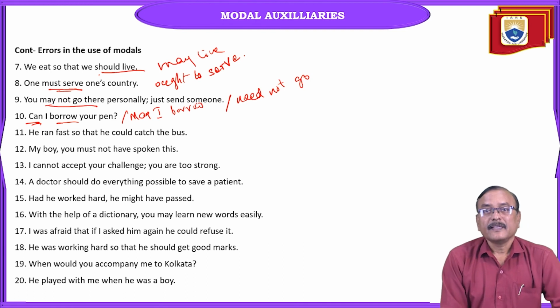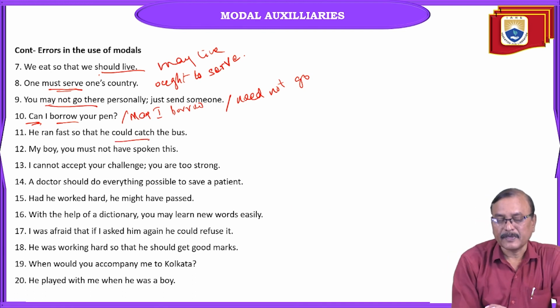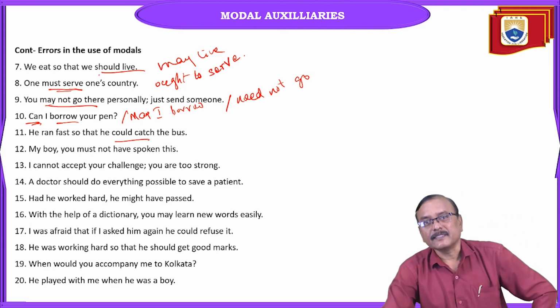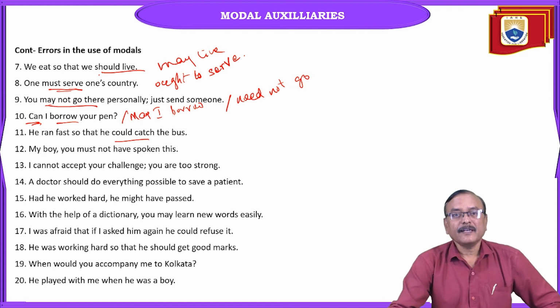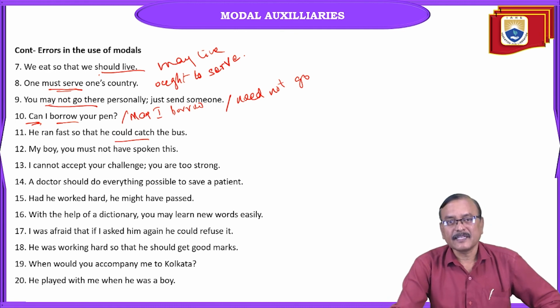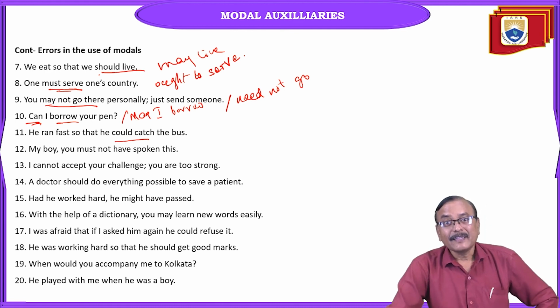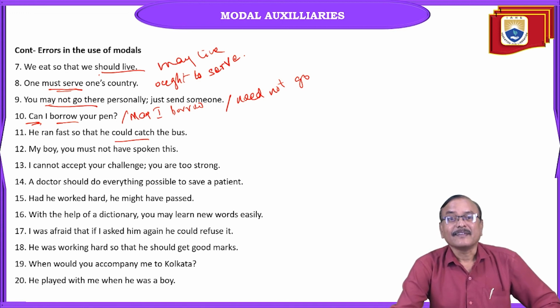Okay. He ran fast so that he could catch the bus. When he ran fast here, there is a possibility or a probability that he could catch the bus. Is it clear? But even after running, he may not catch the bus, no?